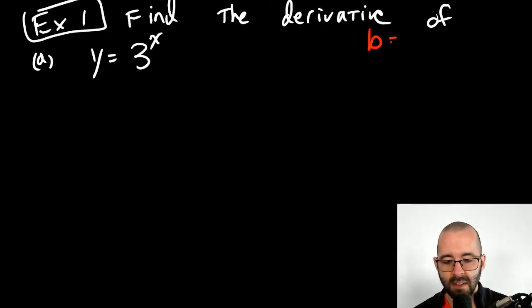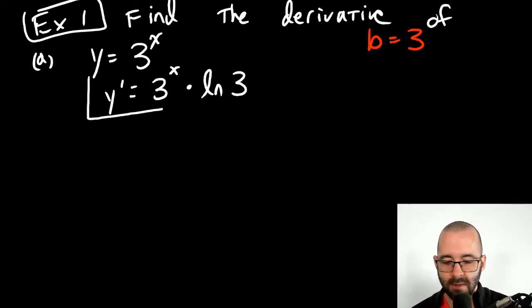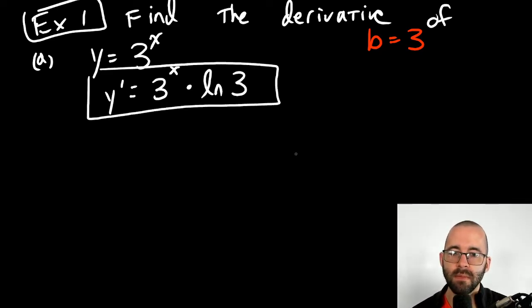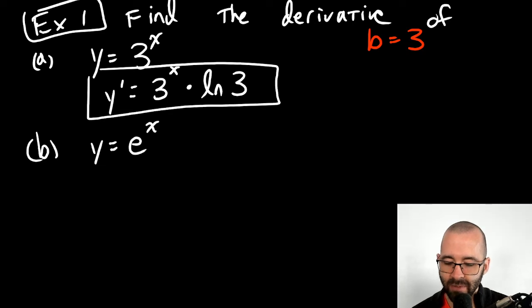What is our base here? It's 3. So y prime is just that same exponential function times the natural log of the base. And that's all there is to it. Now, of course, things are going to get a little messier. But before they get messier, let's do another one.